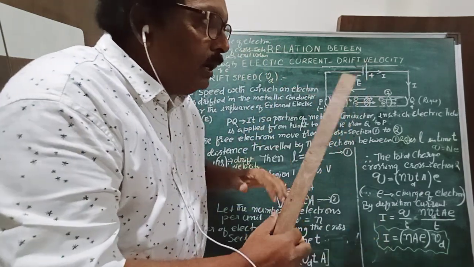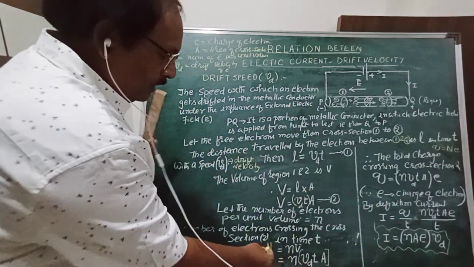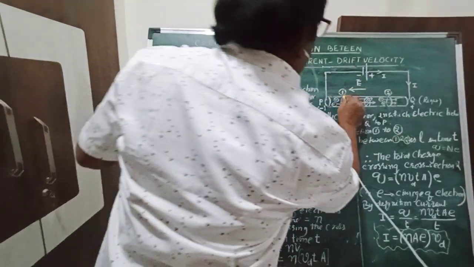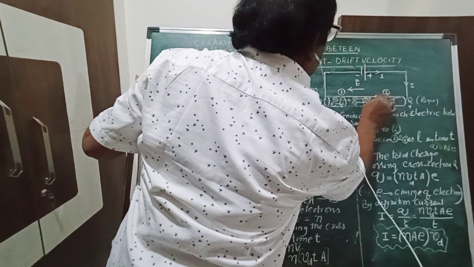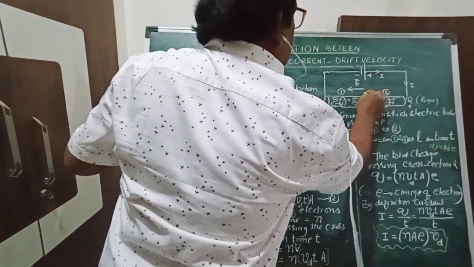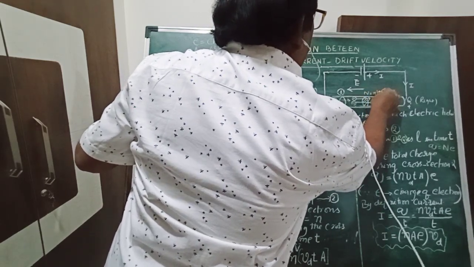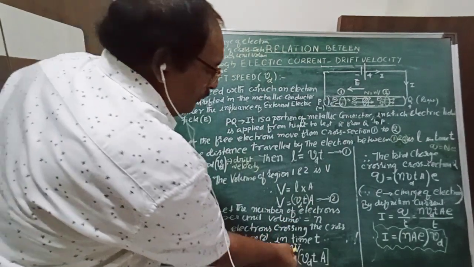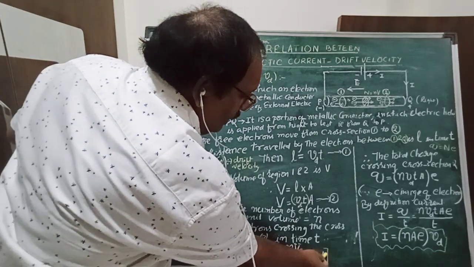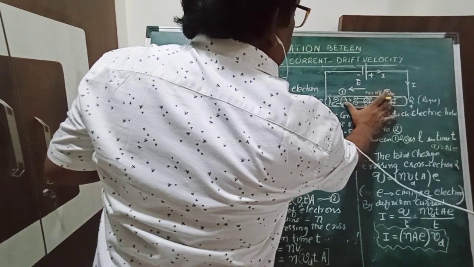The total number of electrons in a volume capital V is equal to what? n into V. The total number of electrons within this portion, capital N, is equal to small n into V. V value here is Vd into t into A, drift velocity into time into area of cross section. So I am able to calculate successfully the total number of electrons present in this particular volume, capital V.